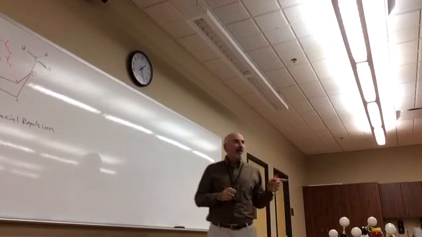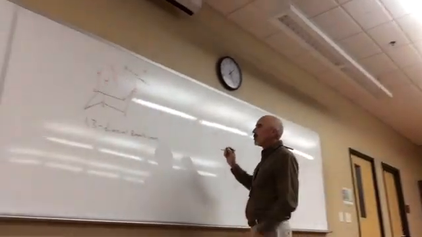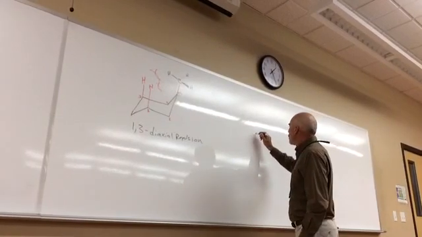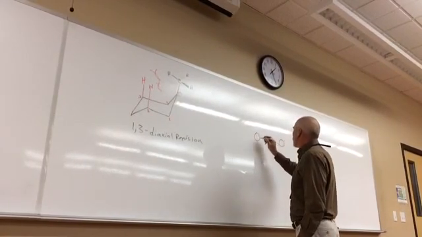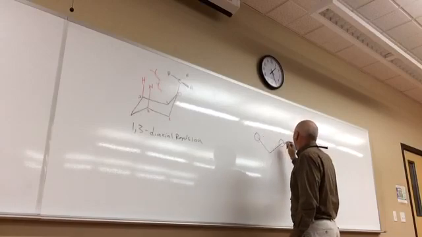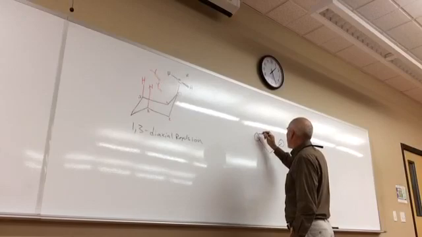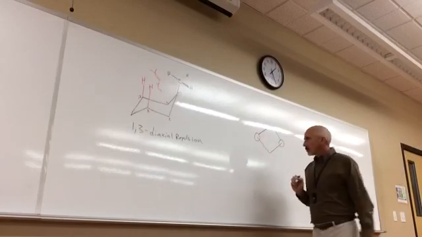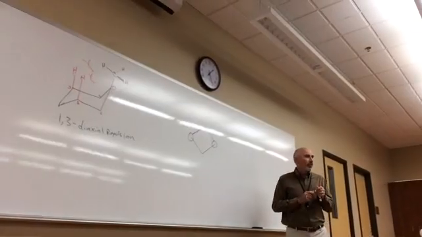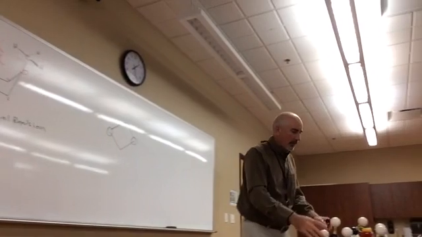I'd like to see the specific Newman structure, but if you can draw a Newman structure of a ring as well. So that's the Newman structure of a cyclohexane looking right down the front.